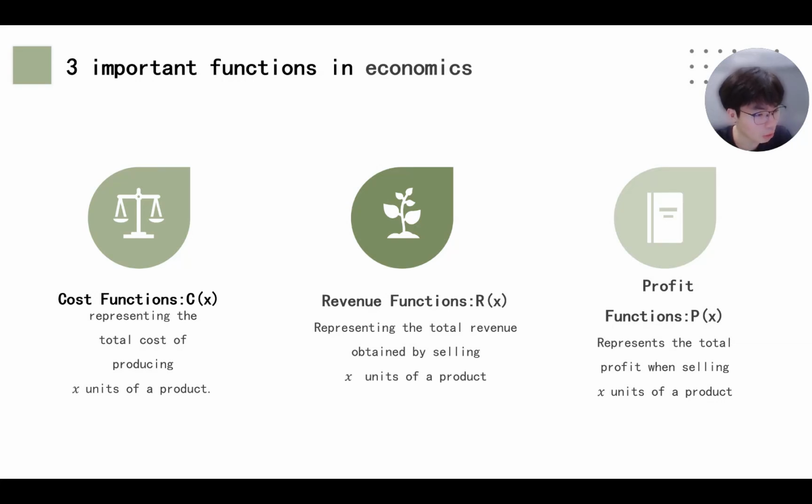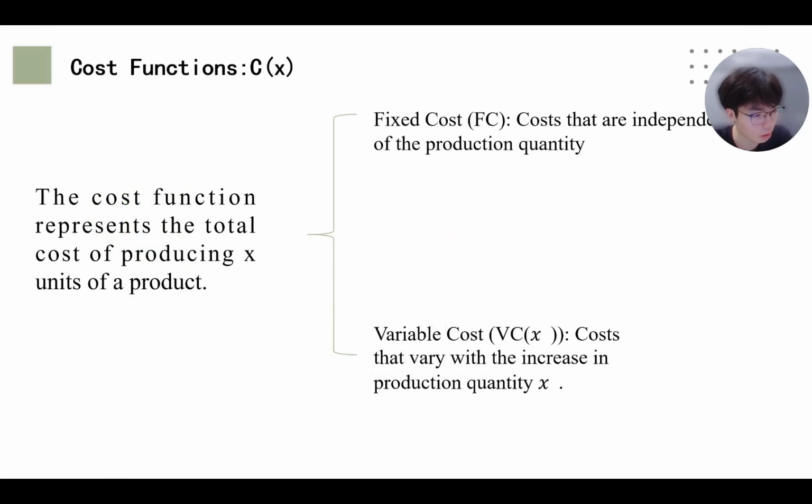3 important functions in economics: cost function, revenue function, and profit function. Let's first talk about the cost function. It represents the total cost of producing x units of a product, and it includes 2 parts: fixed cost and variable cost. Fixed costs are independent of the quantity of production, such as rent, salary for the staff, and so on.